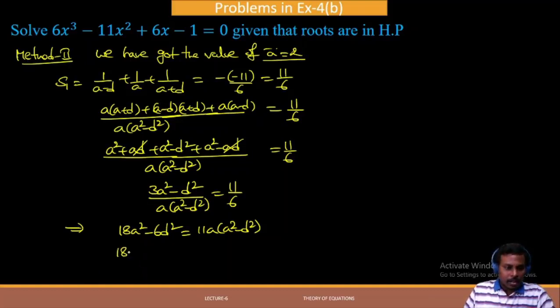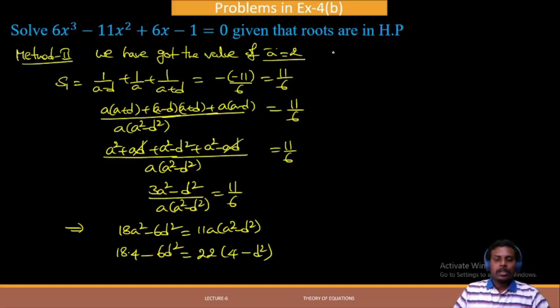Now substitute the value of a here. This becomes 18 into 4 minus 6d square is equal to, this is 22 into 4 minus d square. So this implies 72 minus 6d square is equal to 88 minus 22d square.